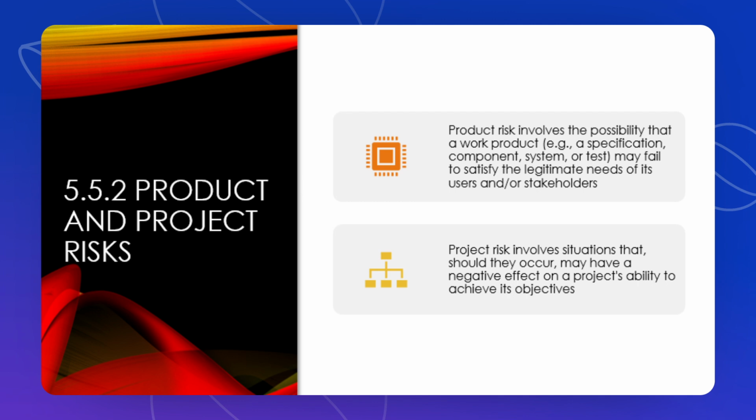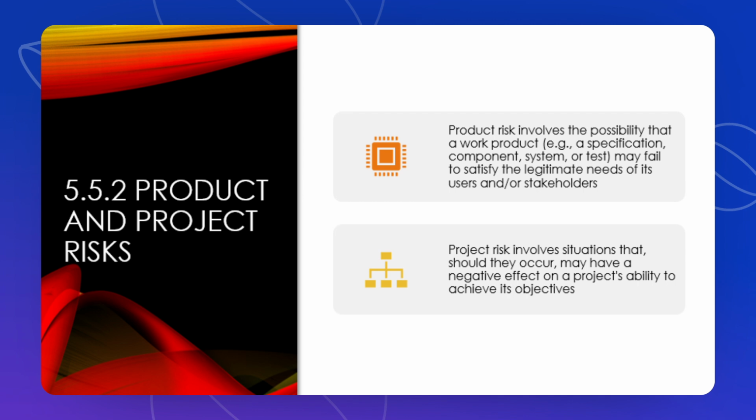Project risks involve situations that, should they occur, may have a negative effect on the project. For example, we have wrong project planning, shortage of resources, conflicts, unavailability, and so on. These are project-related risks.